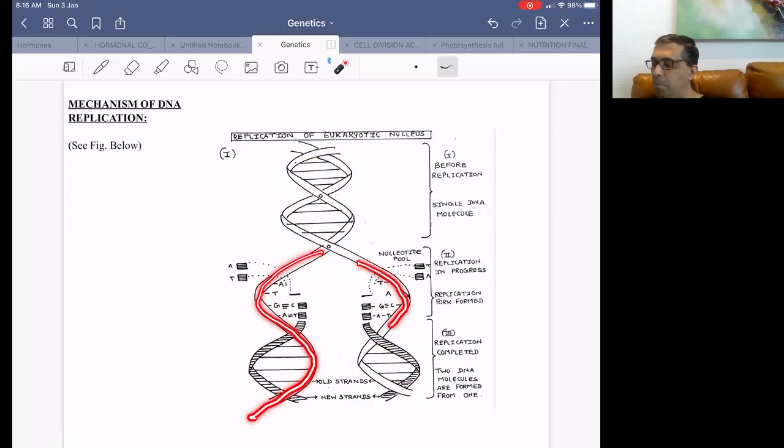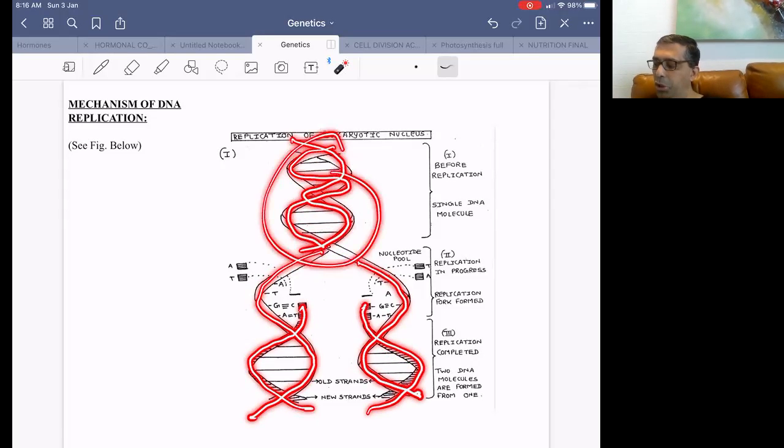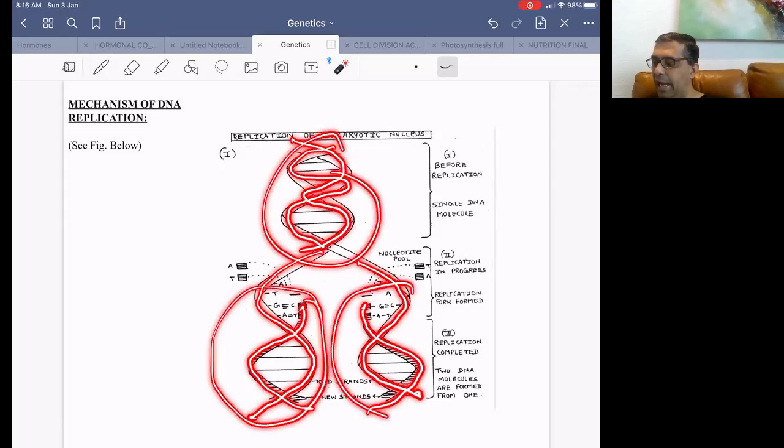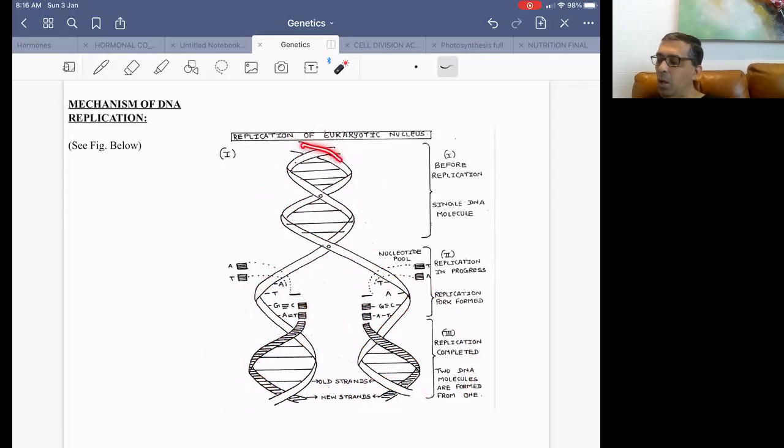So this is the mother's original strand, which is found in the daughter DNA, and these are new strands.